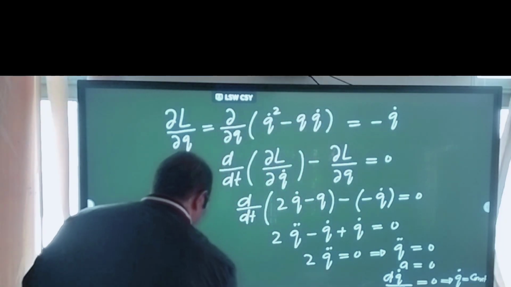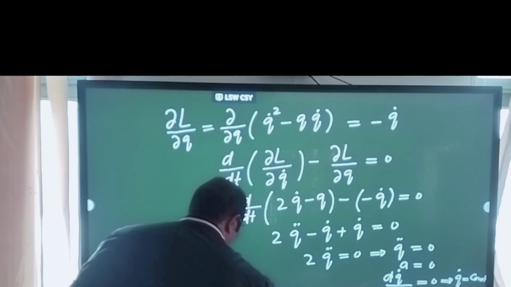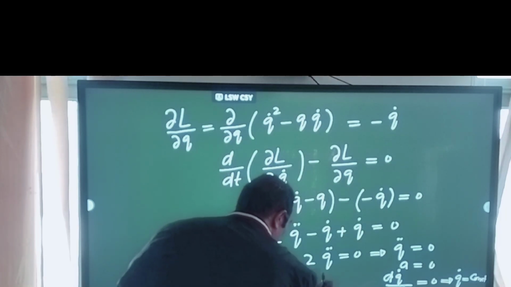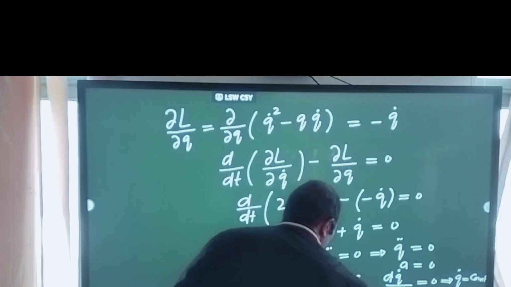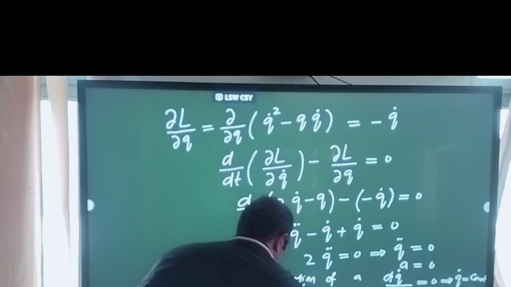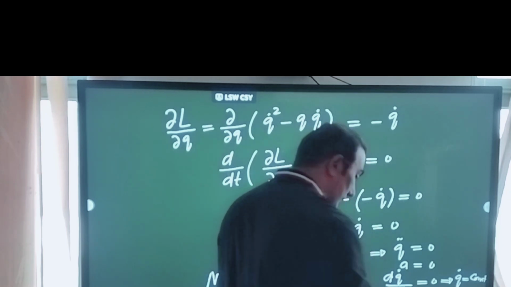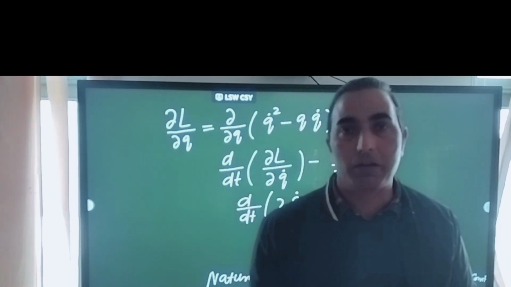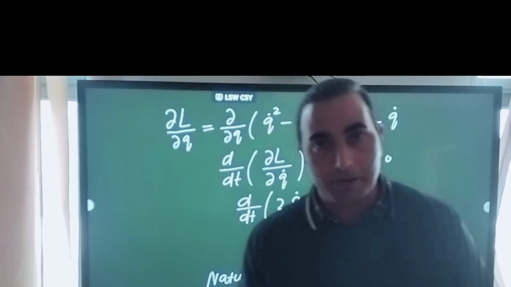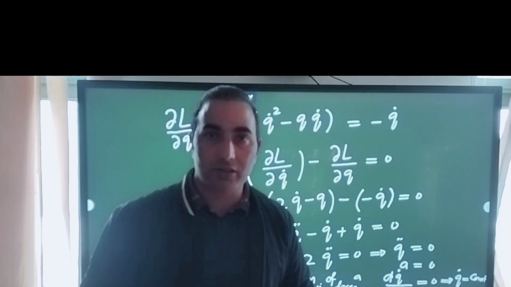So that means I can say that the nature of motion of a particle is free. Or you can write that the nature of motion is a free particle, right? So that means it's a free particle unless some external force will act on it.